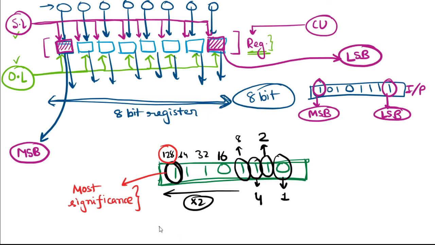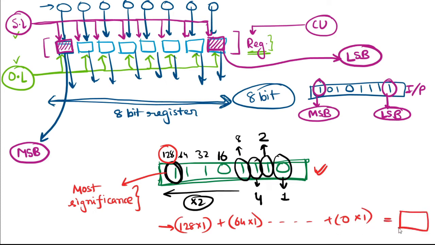Normally, how do we convert this sequence into decimal? We multiply each bit with its weightage and sum: 128 into 1, plus 64 into 1, and so on, up to plus 1 into 0.